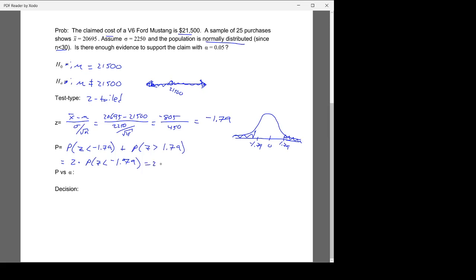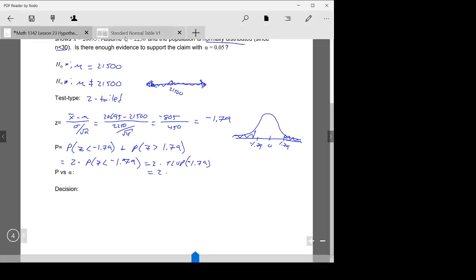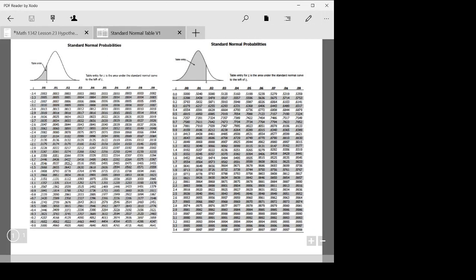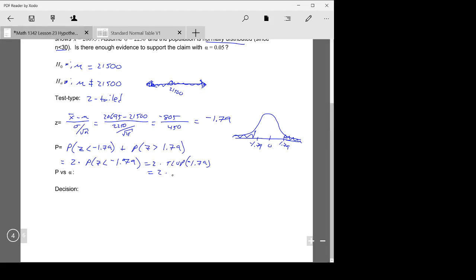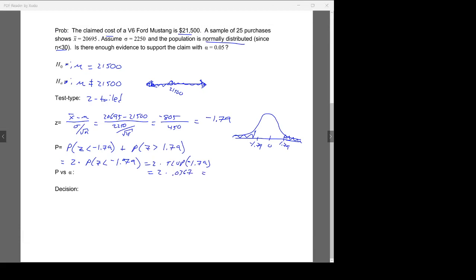That means we just do 2 times a table lookup of minus 1.79. Minus 1.79 is way over to the end. 0.0367, and then times 2. 0.0367 times 2 is 0.0734.